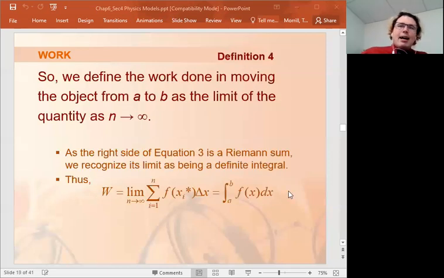So now my force, my function f of x, is being evaluated at all the different points between x equals a and x equals b. And when I integrate that up, I get the amount of work exerted to move my object from A to B. Let's actually calculate.